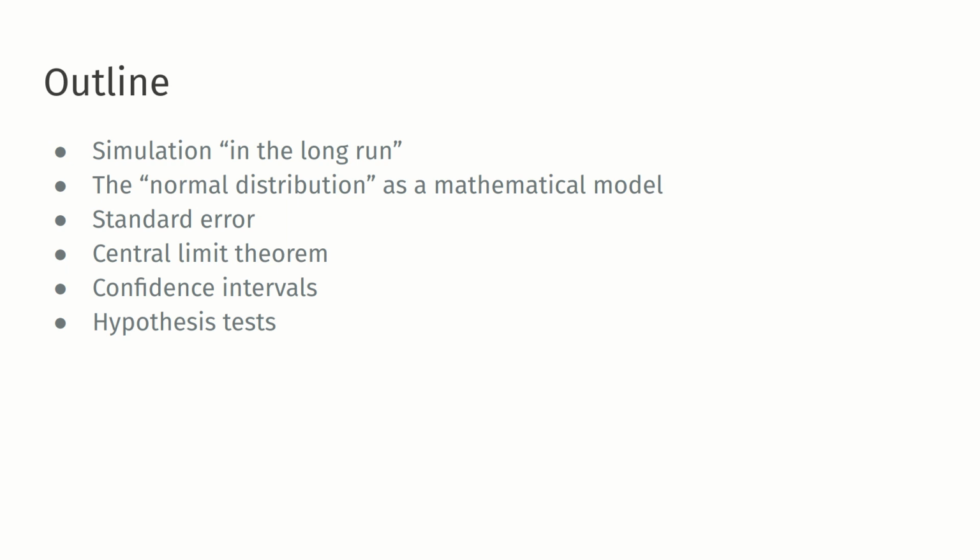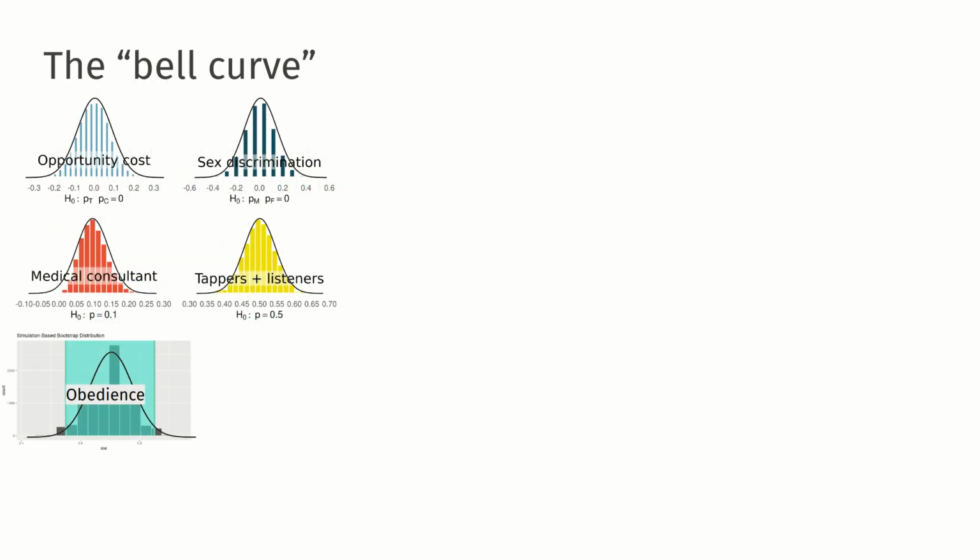So to get right into it, you may have noticed these are a couple of examples from the book. Here's an example of what we did in our lab last week, where we looked at the outcome of Milgram's experiment.